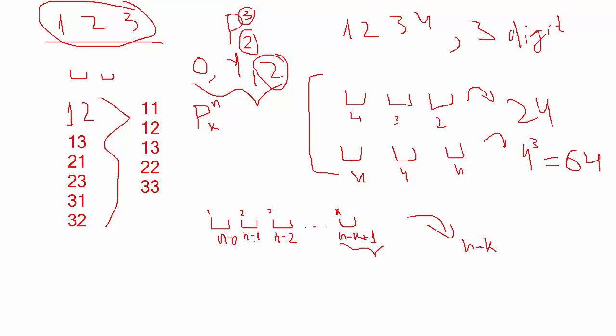Okay, so we came up with that. So this is n times n minus 1 times, and so on, up to n minus k plus 1. The number of these factors is k. Okay, and there is a way to write this.